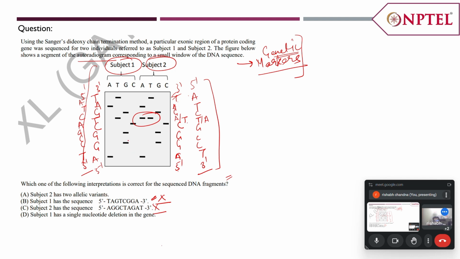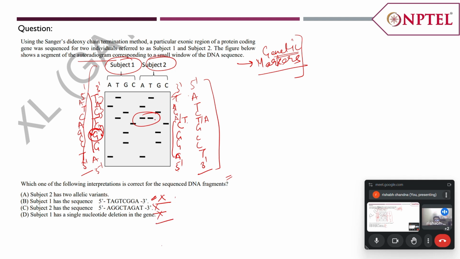For example, if there would be a deletion at this position, then the C would shift here, and all the bases would shift one place. Okay, so this would be a frame shift, and that would match to a certain extent to this particular subject. Okay, so that is not the case. So option D is also wrong.